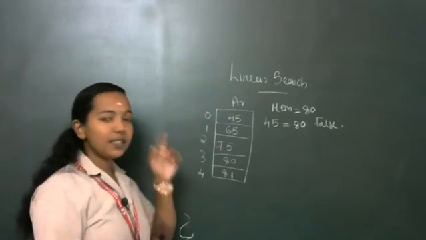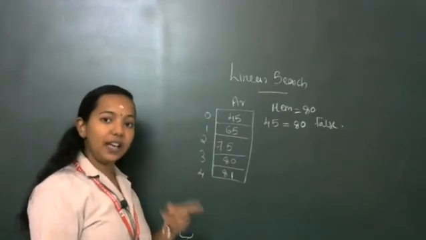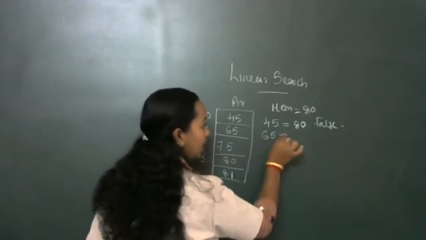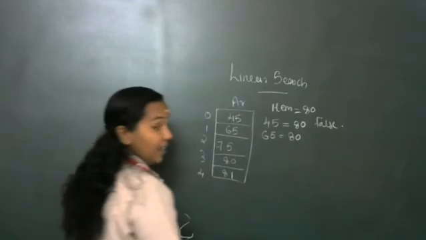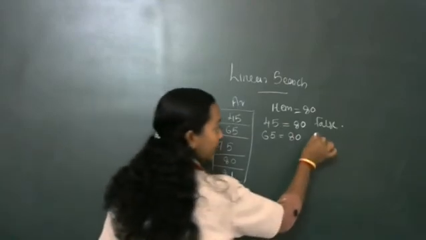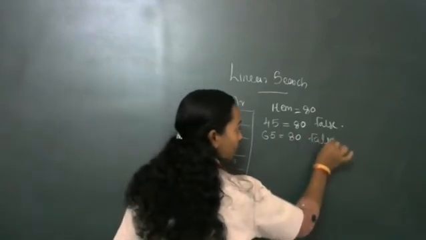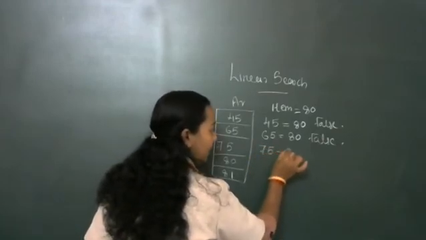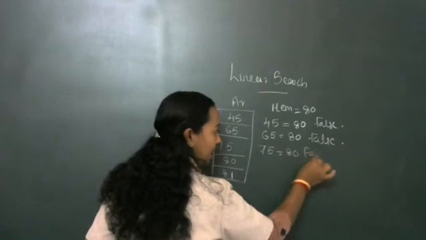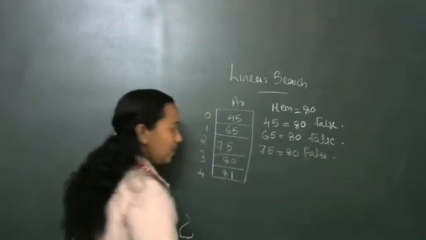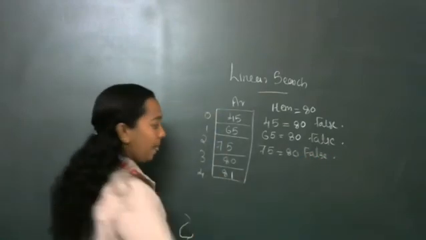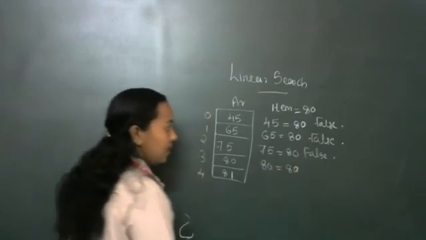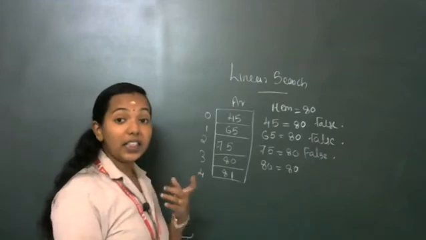Then, since it is not present in the 0th location, we check the first location: 65 equal to 80? False again. Then the next location: 75 equal to 80? Again false. Then the next location: 80 equal to 80. So the item is found at the third location.